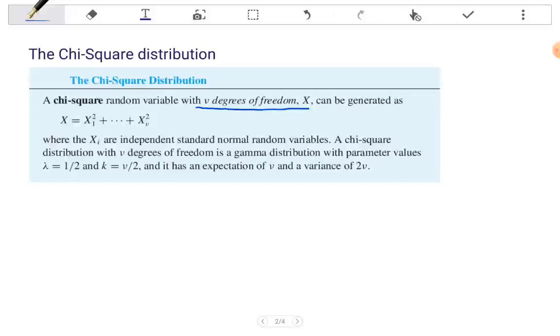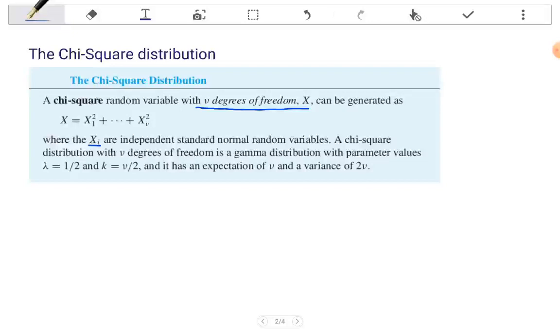This random variable can be obtained if we take v independent standard normally distributed random variables and sum their squares. This will be the random variable which has chi-square distribution with v degrees of freedom.